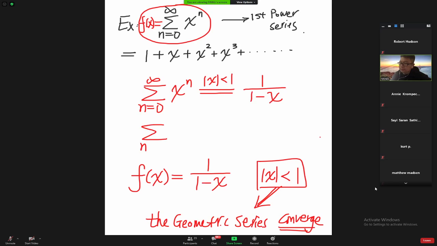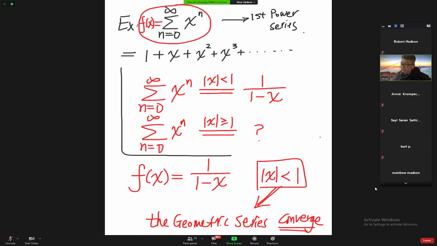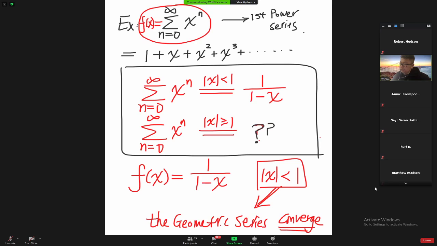This one equals what? If x is bigger than 1, what happens for this series?